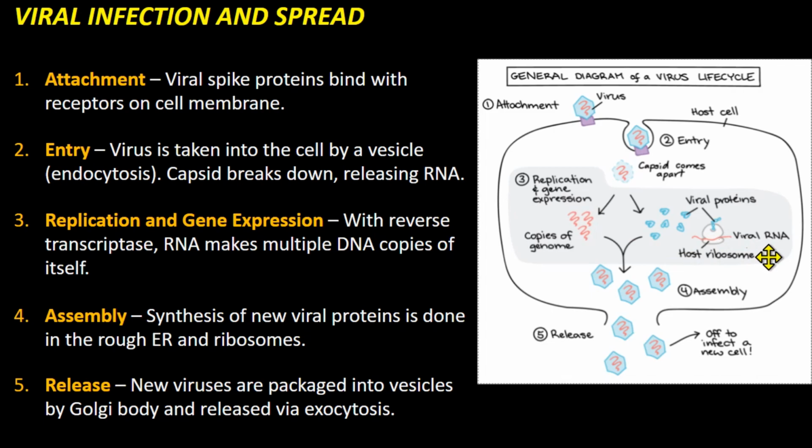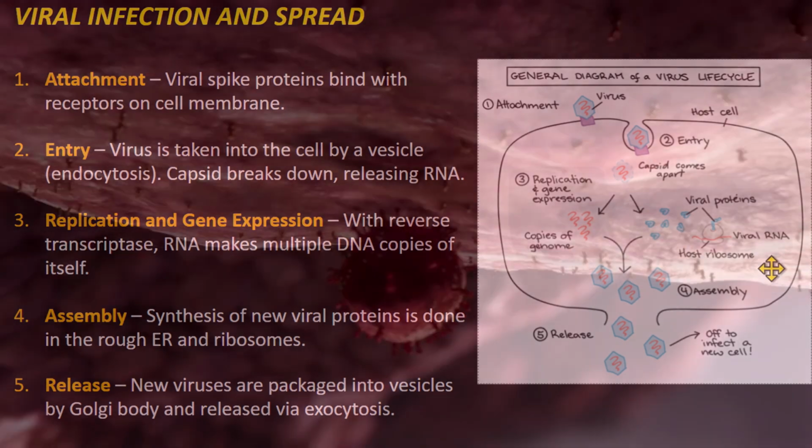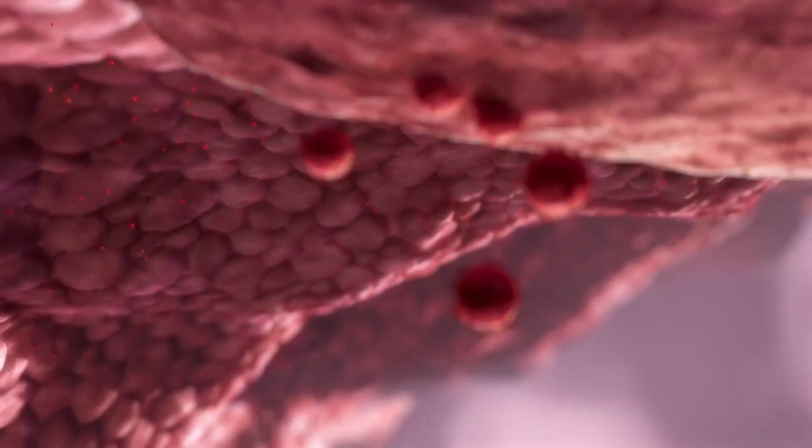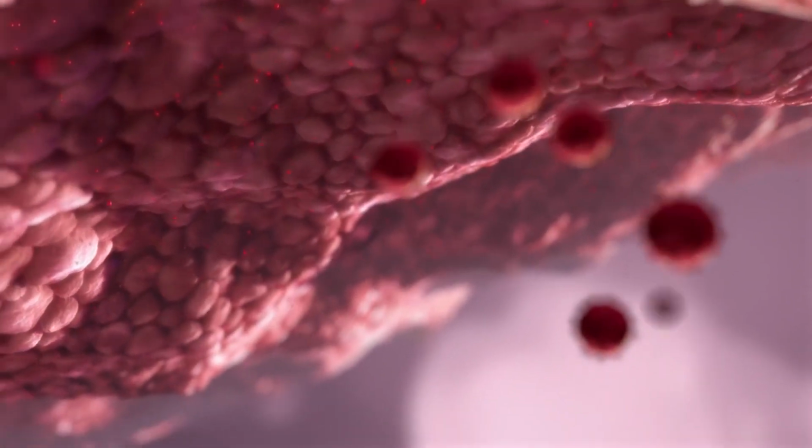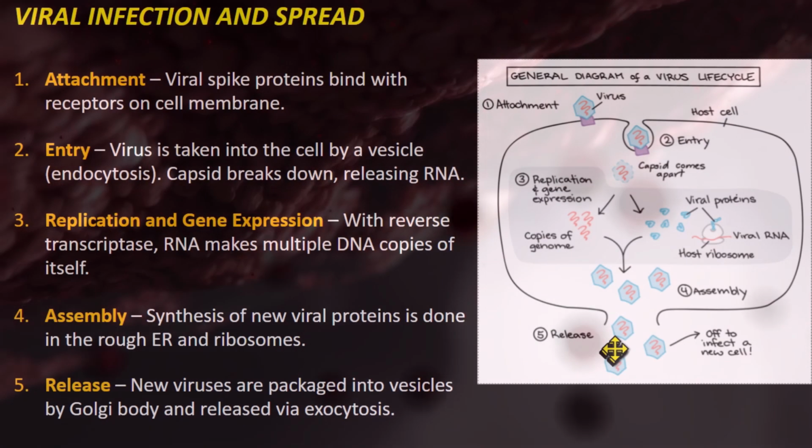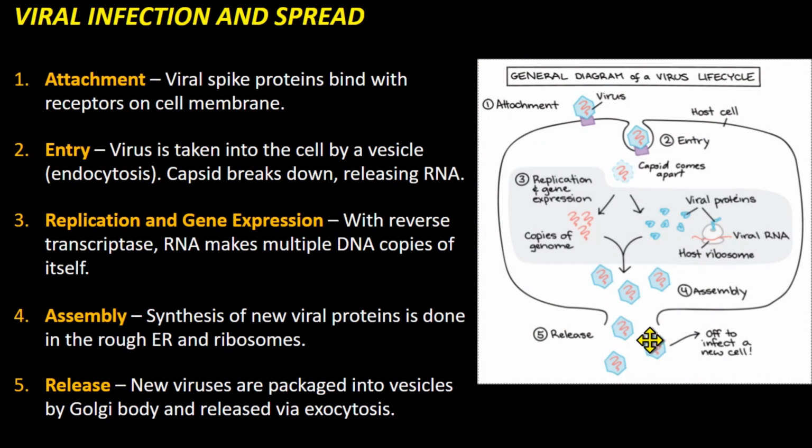So these new viral proteins are synthesized within the cell itself. So the cell becomes like a photocopying machine for viruses. Five, the new viruses that are built are packaged into vesicles by the Golgi body and are released via exocytosis. And these viruses are now off to infect a new cell.